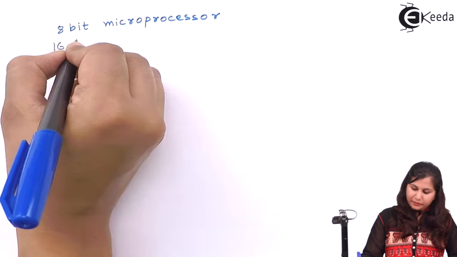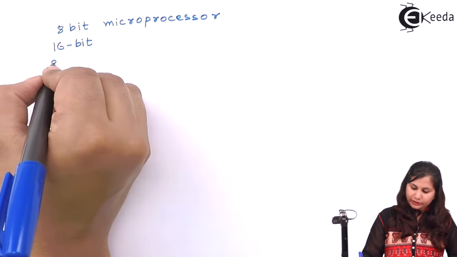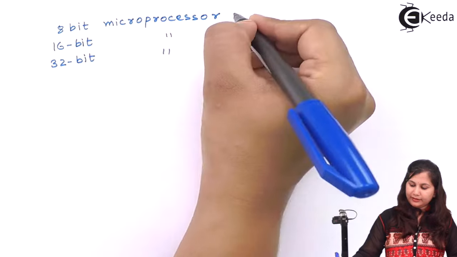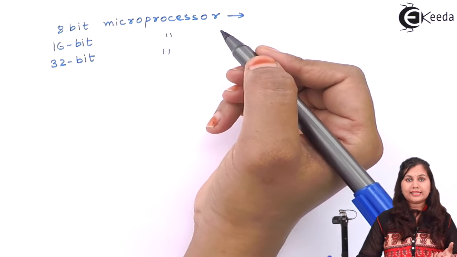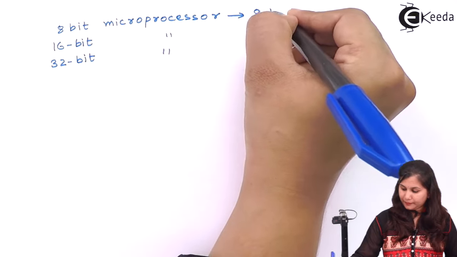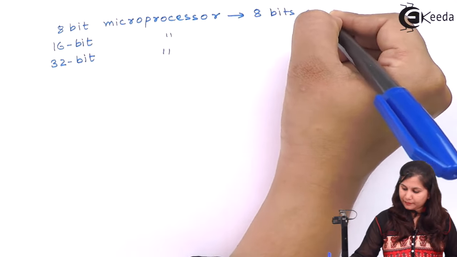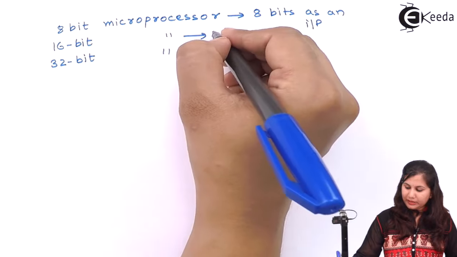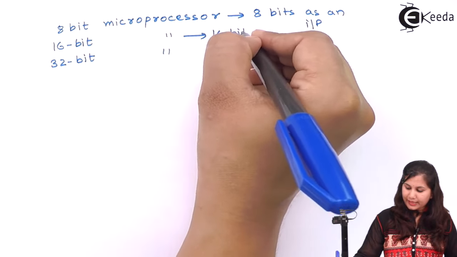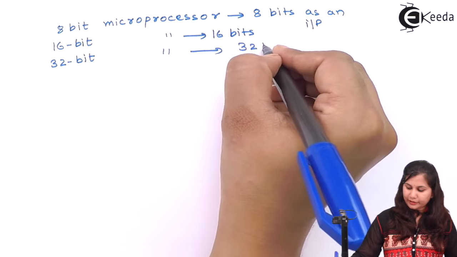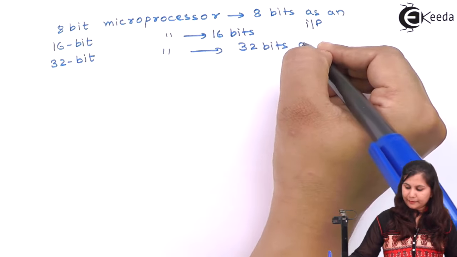There are 16-bit microprocessors also, and 32-bit. 8-bit means that it is getting 8 bits as an input, 16-bit means it is getting 16 bits as an input, and 32-bit microprocessor means it is getting 32 bits as an input.